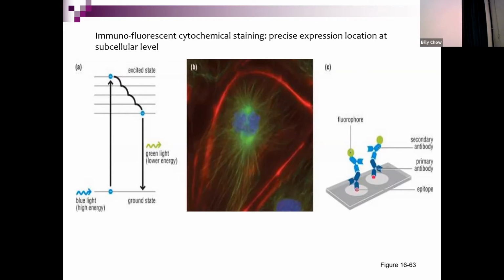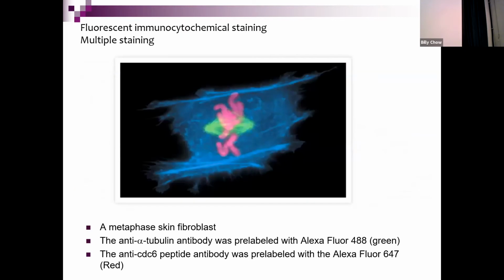So it's a very powerful technique. You can also label the DNA, in this case with a blue fluorophore, and then you can use two different lasers to activate the two fluorophores and see them together. Another example here: this green color is labeled with anti-alpha tubulin, and you can also label the chromosomes with anti-CDC6 antibodies.